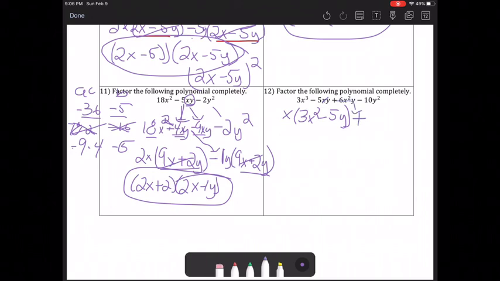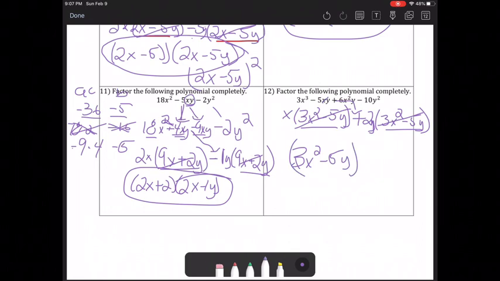Greatest common factor of 6 and 10 is 2. They also have a y in common, so don't forget that y. And so I factor a 2 and a y out, that's left with a 3x squared minus 5y. I notice that I have the same thing, so I know that this is going to be 3x squared minus 5y times x plus 2y. Because that's what's left over, the x and the 2y, and that's your final answer.